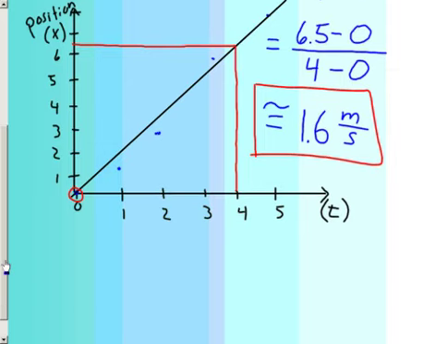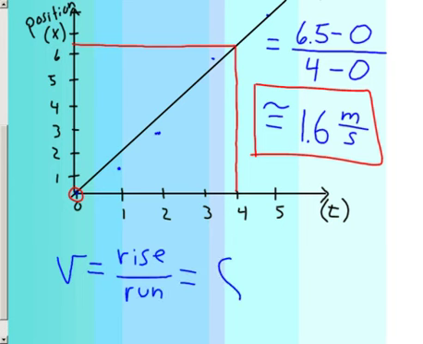When we did this whole thing, the velocity is just the same as the rise over the run. Anybody remember what that is?